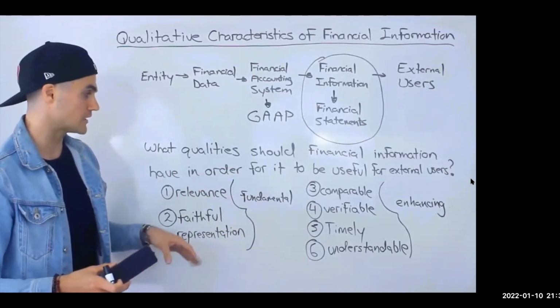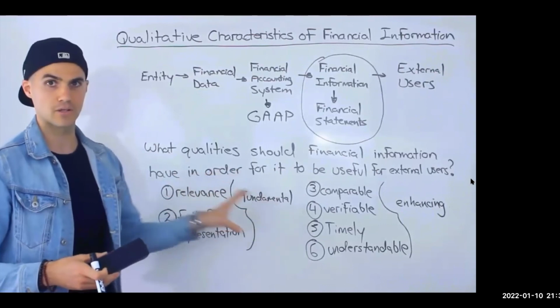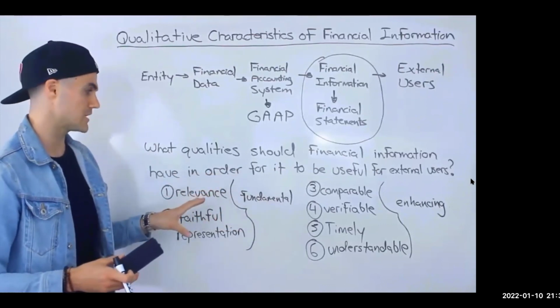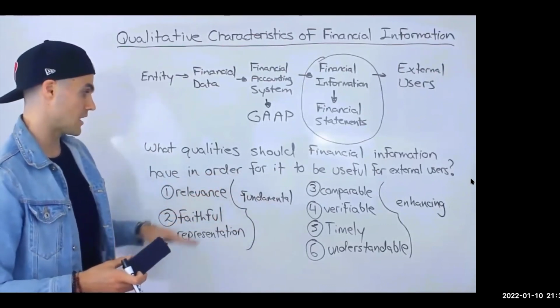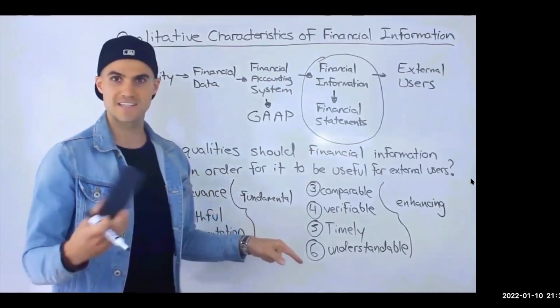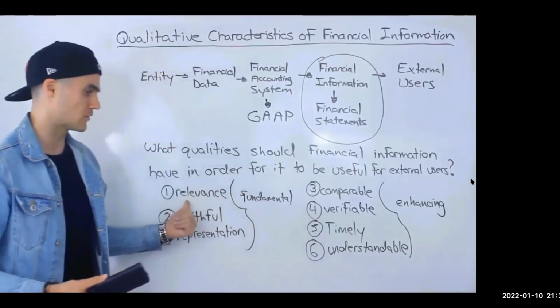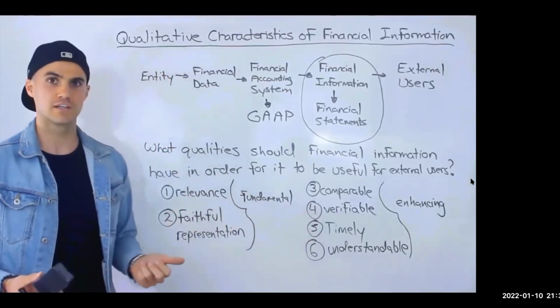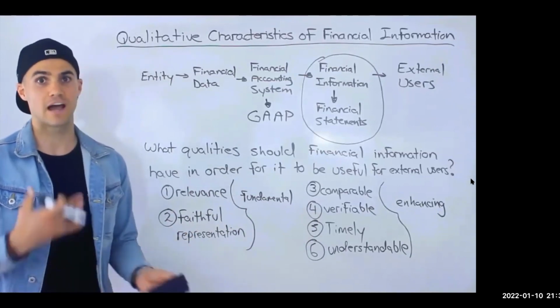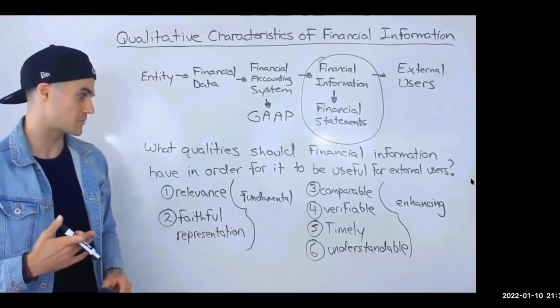Because what you're going to find when I'm explaining these is that there's a lot of carryover. There's going to be stuff that I mention in relevance, and then I'm going to mention almost the same stuff in timely. And you're going to think to yourself, wait, didn't he mention that in relevance? Unfortunately, it's something you're going to have to deal with. It's something I have to deal with as well when I'm trying to explain this to you as best as possible.